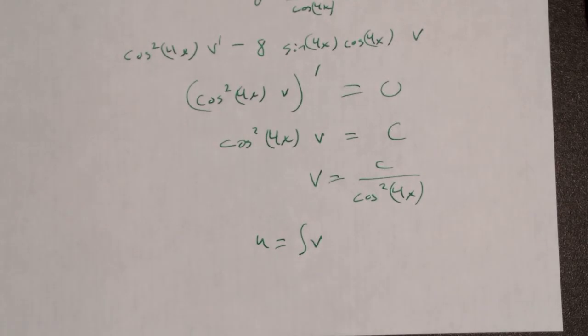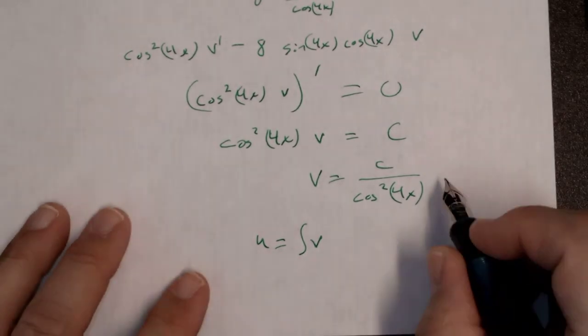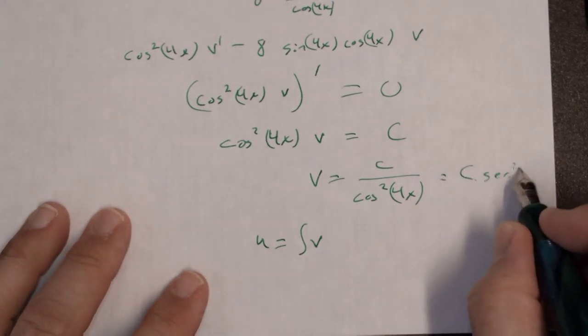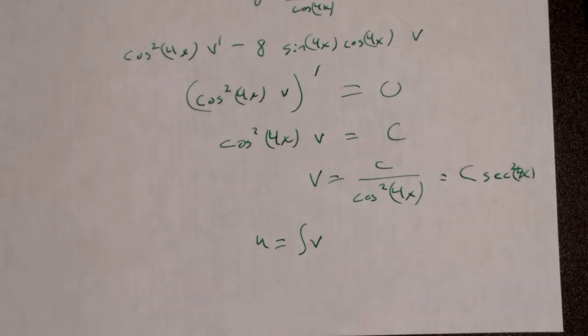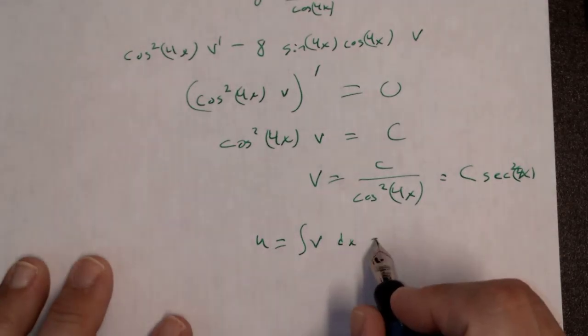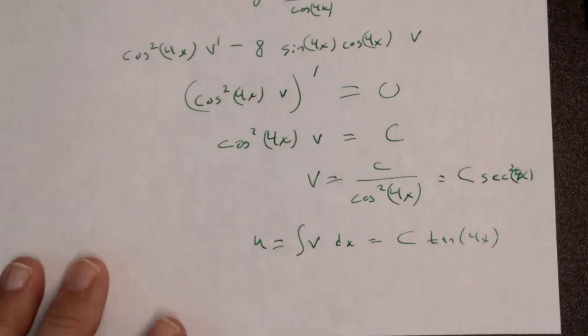Before you run screaming from the hills, what's 1 over cosine squared? That's secant squared. What's the integral of secant squared? You said the derivative of tangent was secant squared. So this must be c tangent 4x.